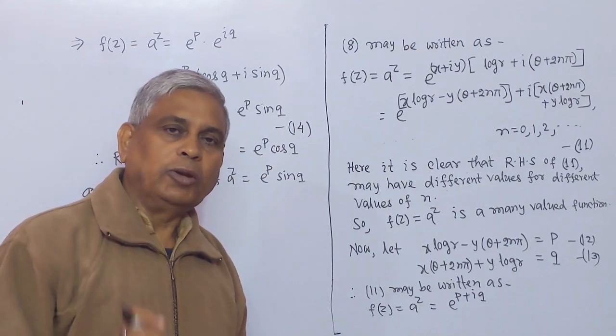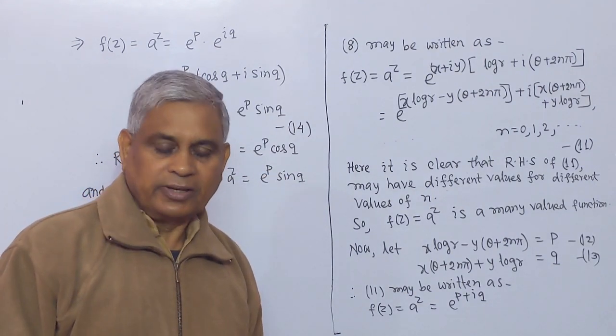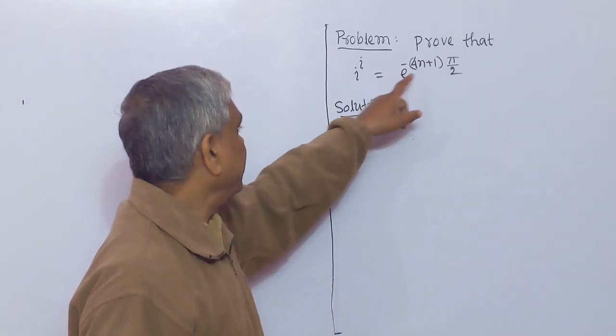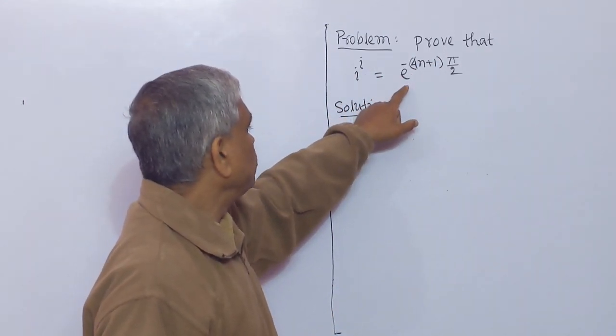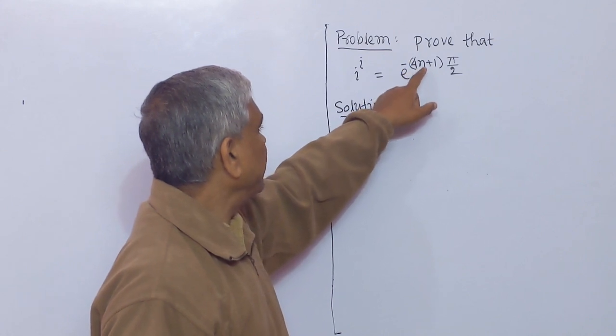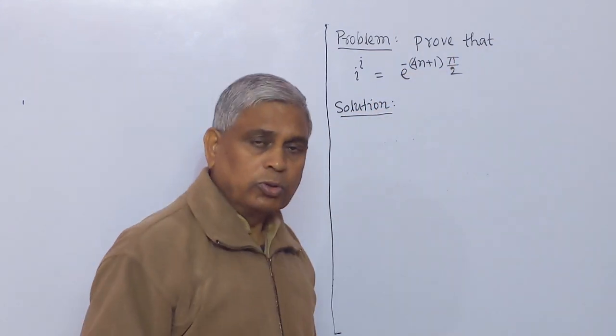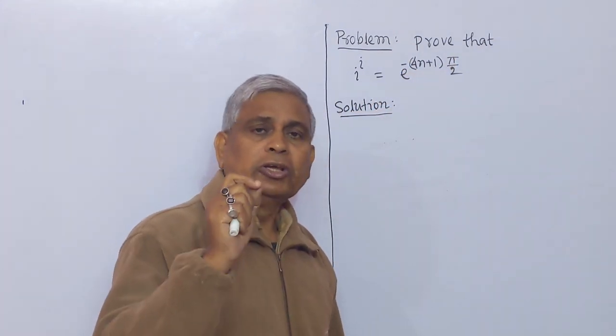Now we solve some problems. Problem: prove that i^i = e^(-(4n+1)pi/2). Now we solve this.